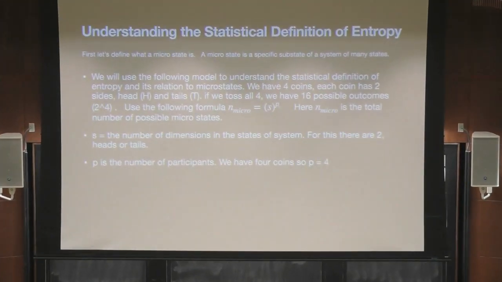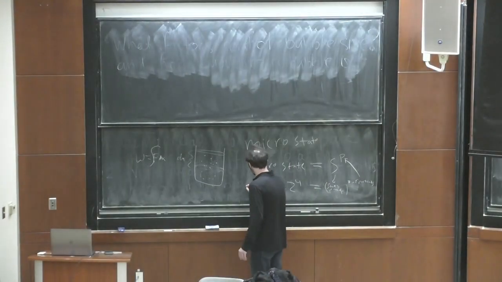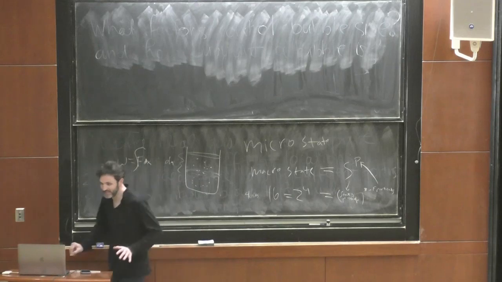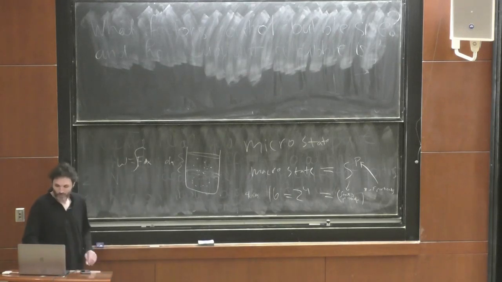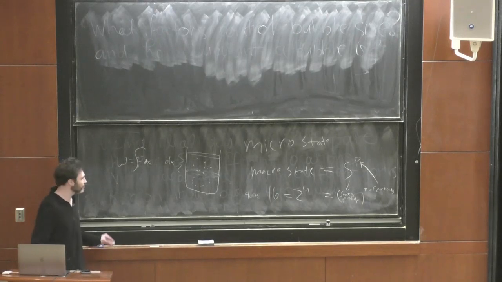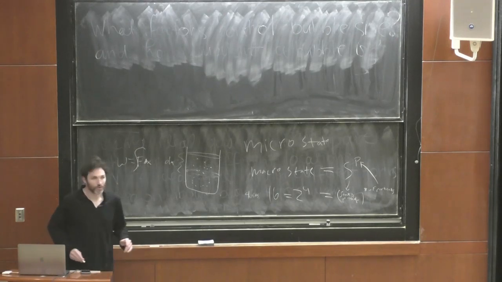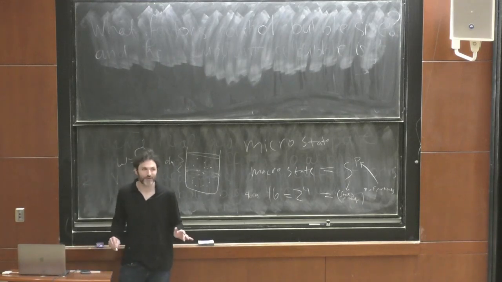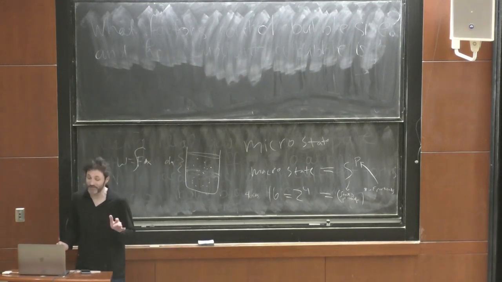So we have 2 to the 4, 16 for 4 coins. So that's our basic formula. 2 is for heads and tails, so S is 2, P is 4. So we can define how many microstates we have given our degrees of freedom of the system.